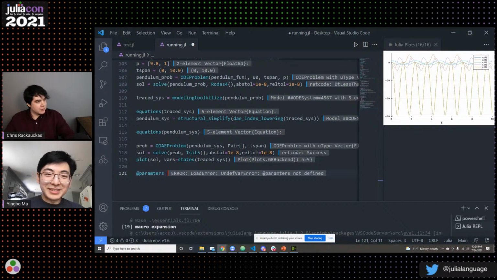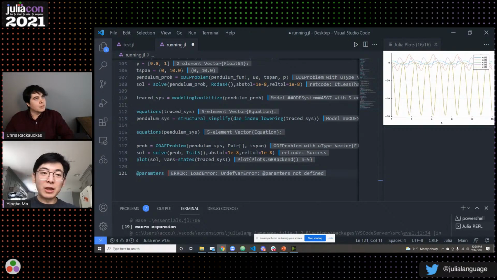Yeah, there is this quite astute question asking about singularities of DAEs. You could think about this problem in two different ways.